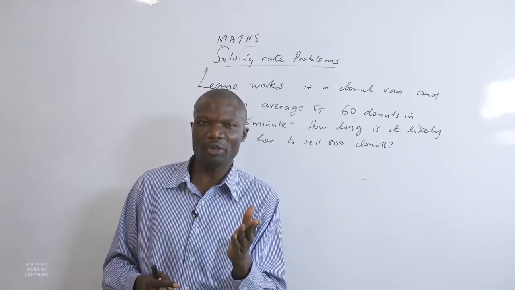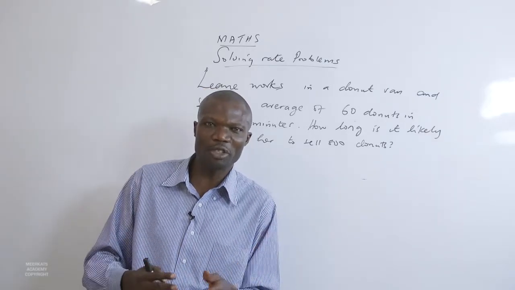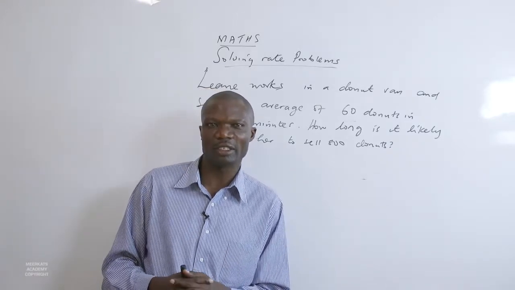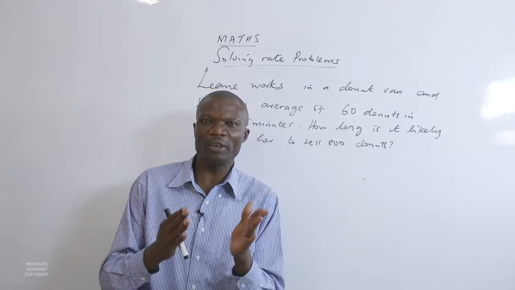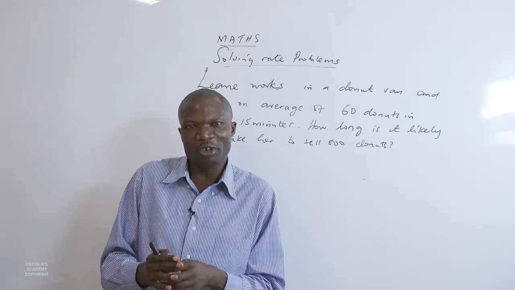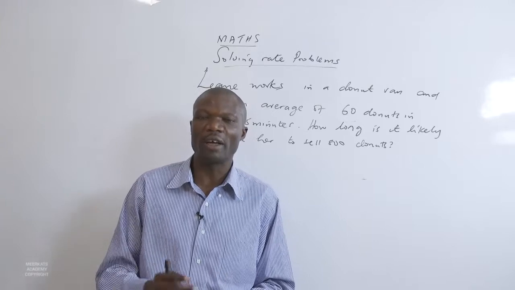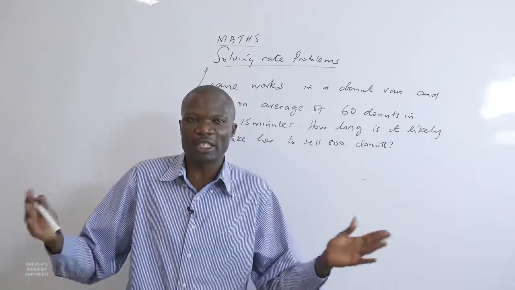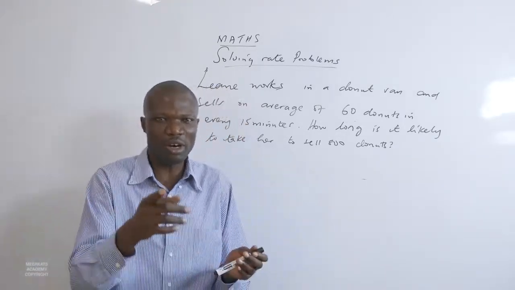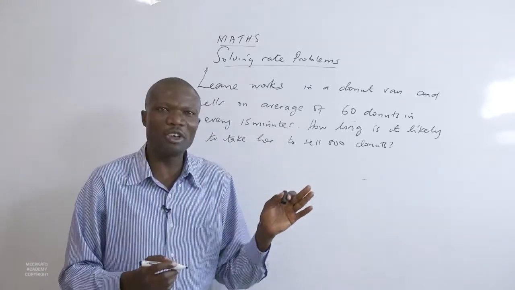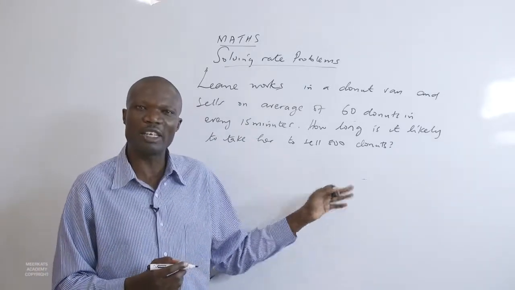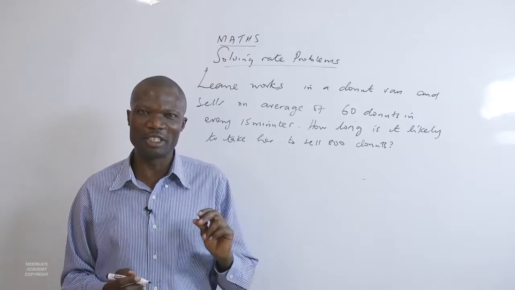But are you able to sell a fraction of a donut? It doesn't exist. So when you go for the unitary method, you don't just pick any one unit. Sometimes it should make sense. That's why I'm not going to say, because I'm looking for 800 donuts, let me find out.